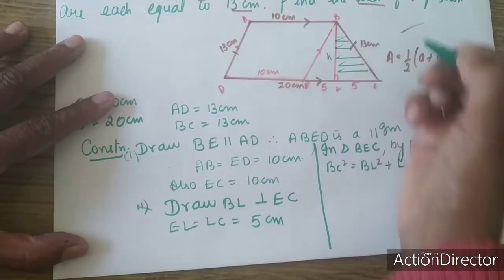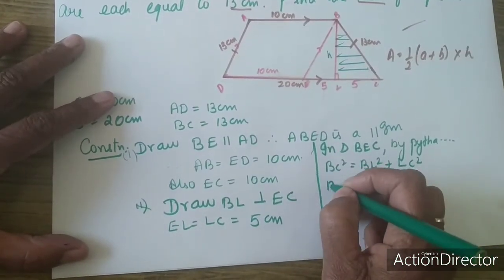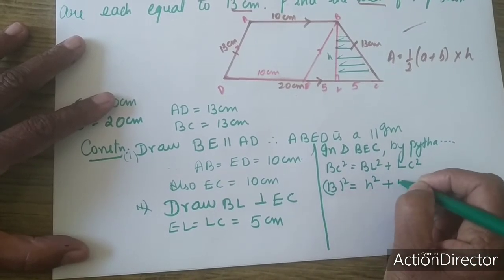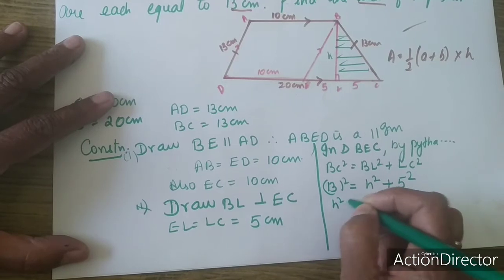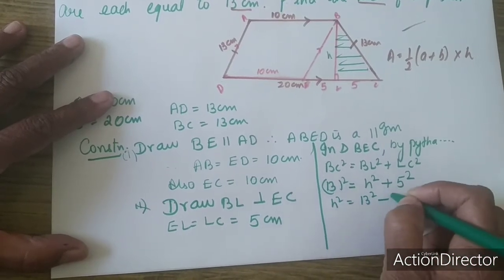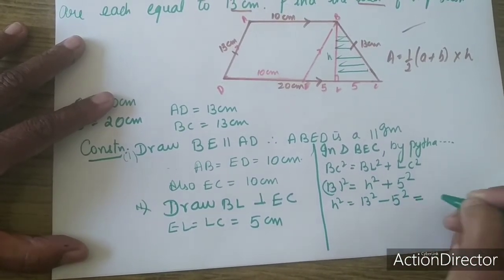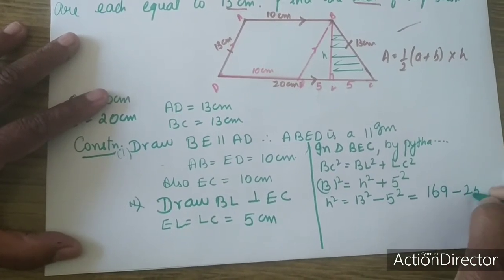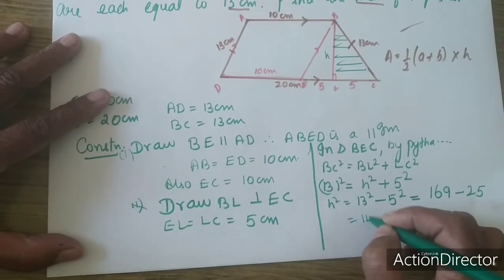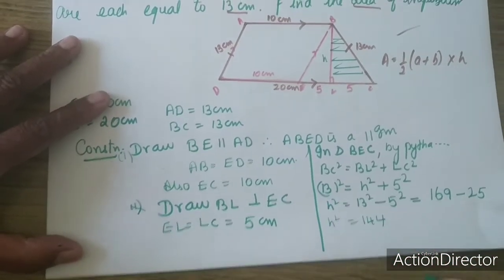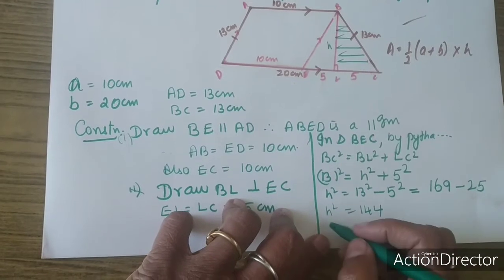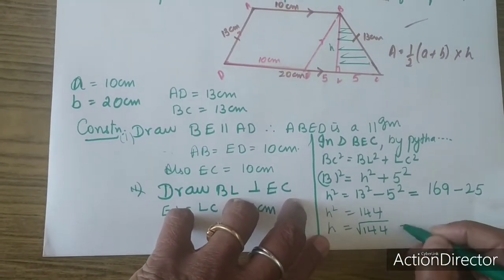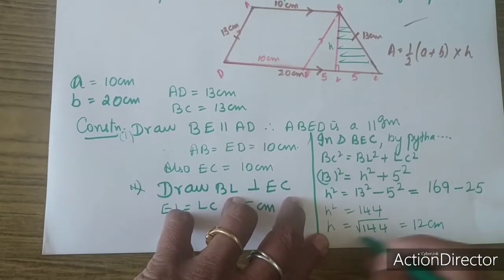So this is the height of the triangle. So BC square is 13 square, BL square is height square plus LC is 5 square. Our height square is equal to 13 square minus 5 square, which is equal to 169 minus 25, which is equal to 144. Height square is equal to 144. Our height will be equal to root of 144, which is equal to 12 centimeter.